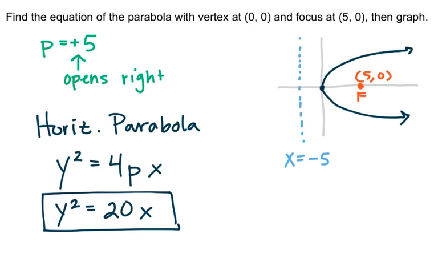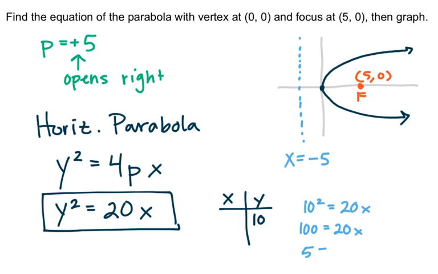So, for example, if I had this ordered pair, what happens if I let y equal 10? If I let y equal 10, then I've got y squared, or 10 squared equals 20x. That's 100 equals 20x. 100 divided by 20 equals x, or 5 equals x.